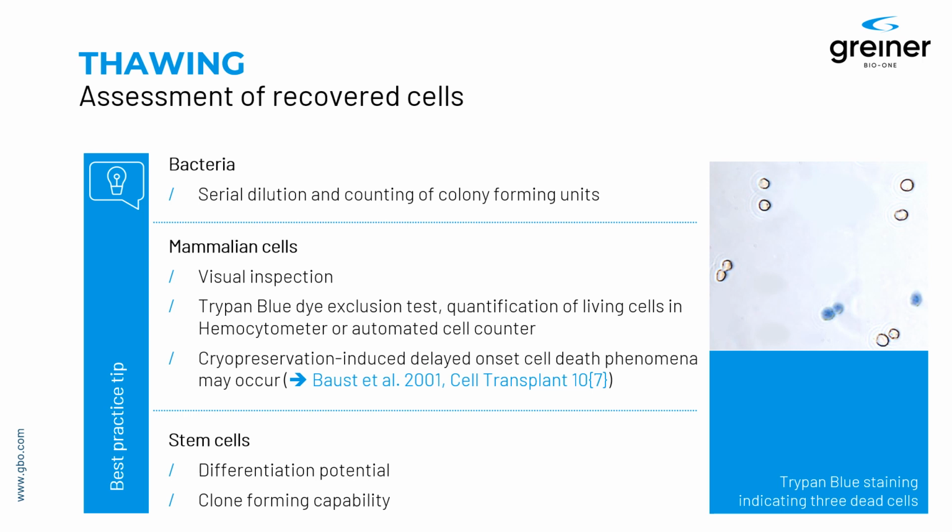And this is an important phenomenon because it may really interfere with the outcome of subsequent steps in your process. Last but not least, stem cells. Here it's usually their differentiation potential or their clone forming capabilities which are assessed and which are criteria, parameters for their viability and applicability in downstream processing.